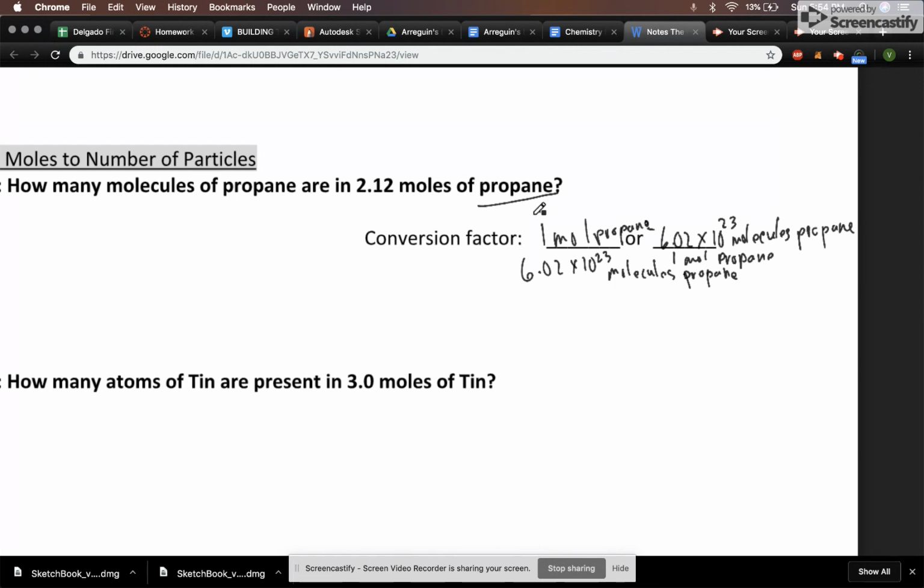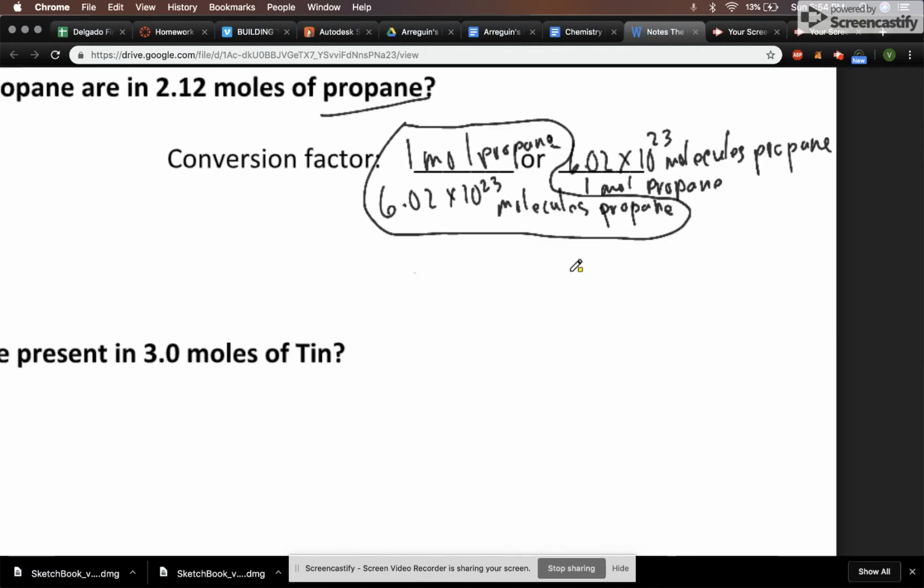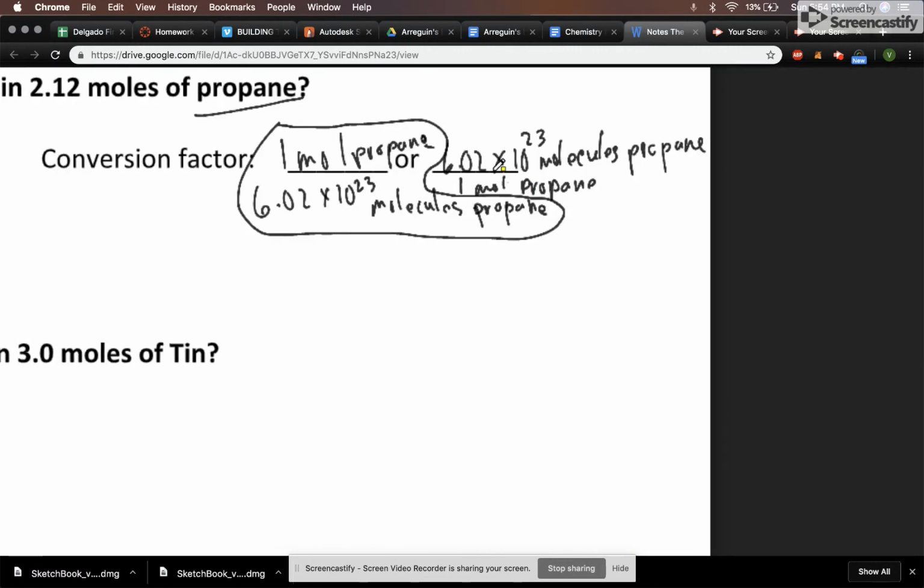Here's one of them, I'm going to circle it in black. And then the second one is this one right here, highlighted in yellow. I don't want to confuse you guys. So there are 2 of them.